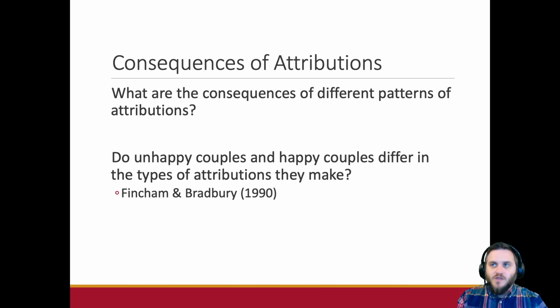So, of course, we cannot infer causality, nor can we do a real experiment on this with random assignment. We cannot do a true experiment on this because we cannot randomly assign happy couples and unhappy couples. We cannot take two people and be like, you're going to be a happy couple. We cannot take another two people and be like, you know what? My coin said tails, you're going to be an unhappy couple.